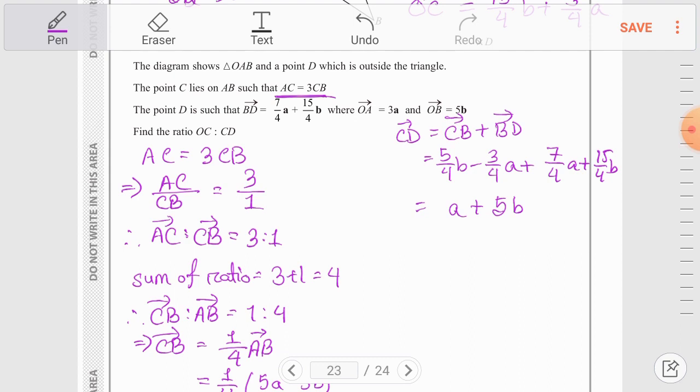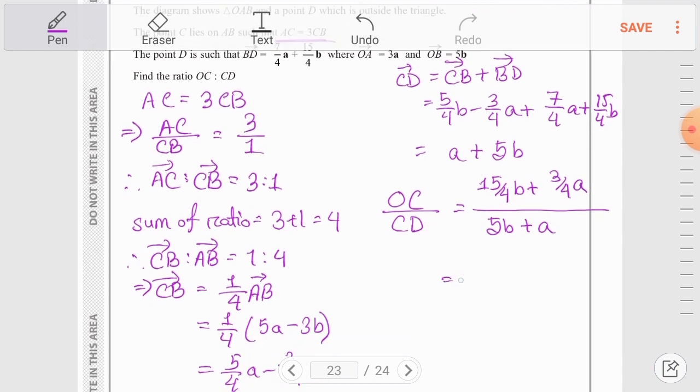So now we can find the ratio of OC to CD by dividing OC by CD. We write the value for OC at the numerator, that would be 15/4 b plus 3/4 a, divided by the value of CD in the denominator, that would be 5b plus a.